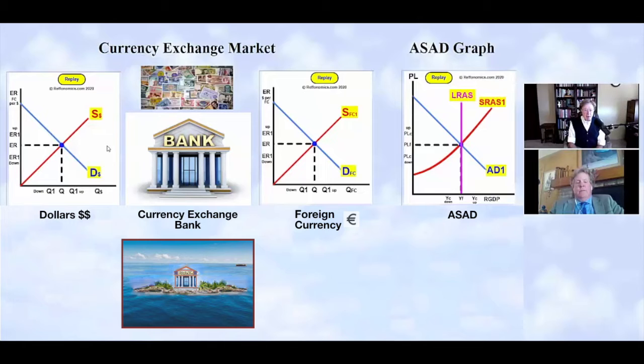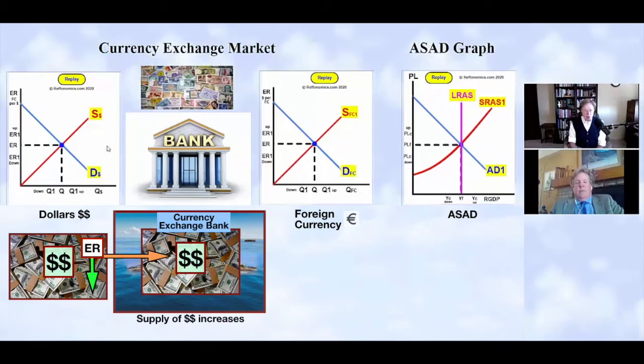If I take my dollars to that bank and turn them into the currency market, that's going to increase the supply of dollars in that currency exchange market. So you're telling me the supply of dollars going into this currency exchange market would cause the dollar to depreciate relative to the euro at this point in time.